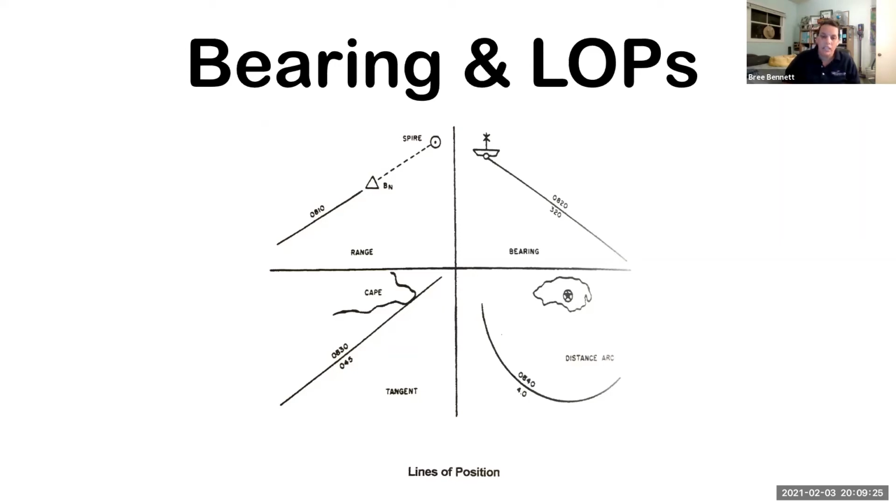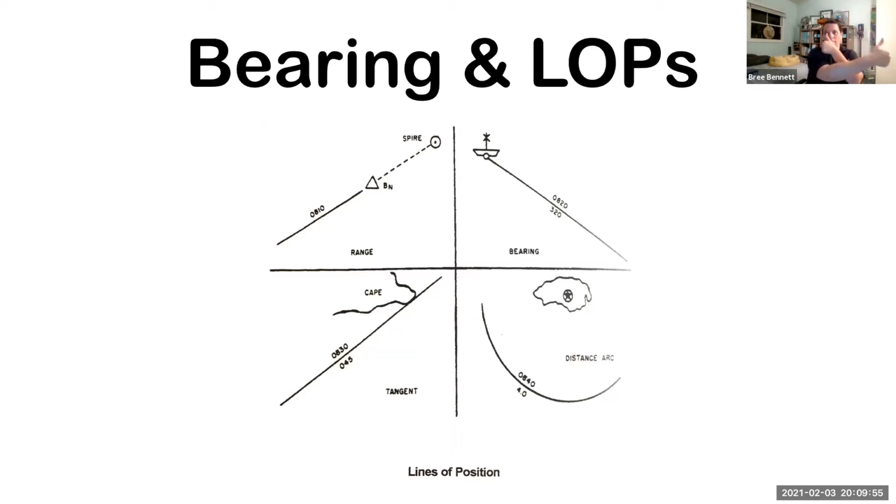You can have a tangent bearing that's used on radar. A range, this is my favorite LOP. A range is when you have two things in line with one another. So if you have the end of a jetty and the safe water mark, and you line those up exactly, like you are cruising along and they're separate, and then they line up exactly.